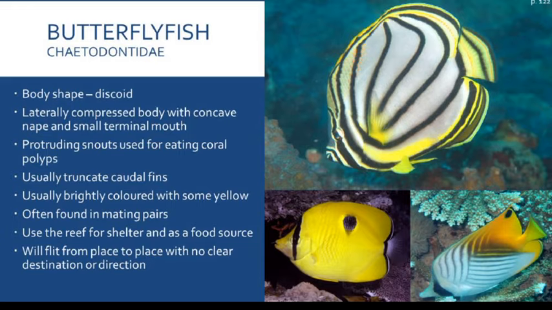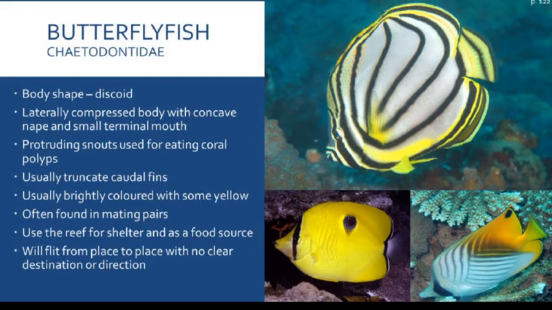Butterfly fish often have what we call protruding snouts, so that means that their mouth sticks out a little bit, and this is ideal for eating coral polyps. They actually pick at individual coral polyps, kind of like a pair of tweezers. So that's how they feed.